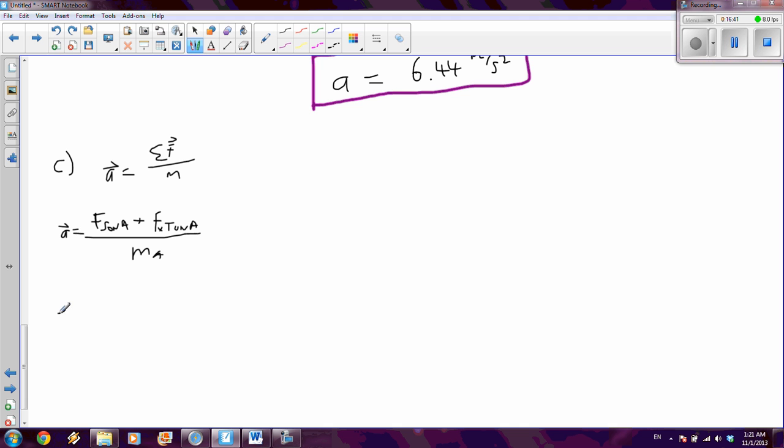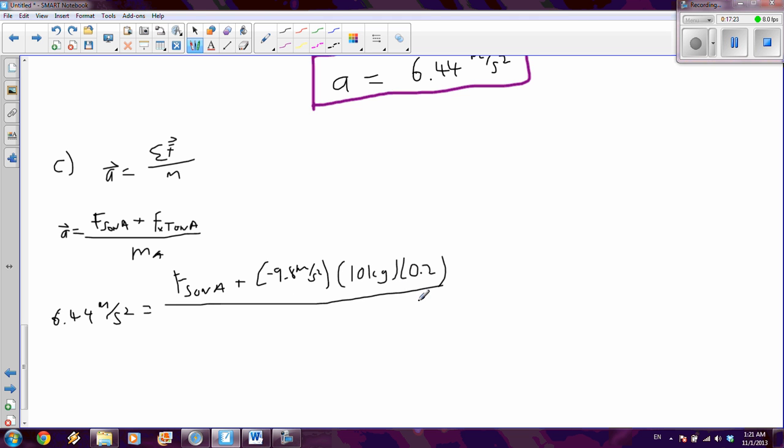Acceleration we solved for before, 6.44 meters per second squared is equal to the force string on A plus negative 9.8 meters per second squared. Remember, this is the force in the x component, horizontal component, table on box A, 10 kilograms times our kinetic friction coefficient of 0.2.